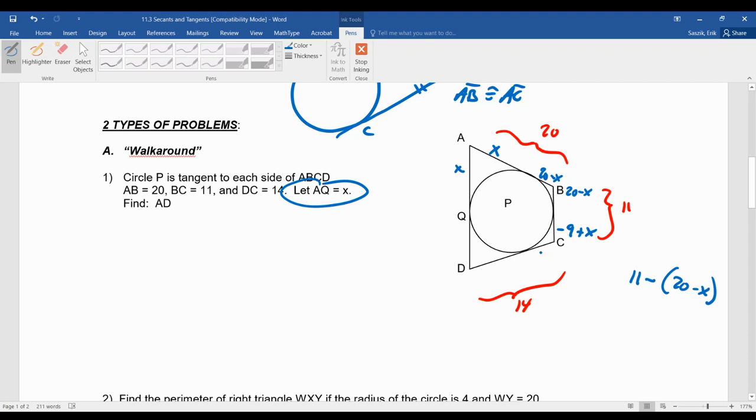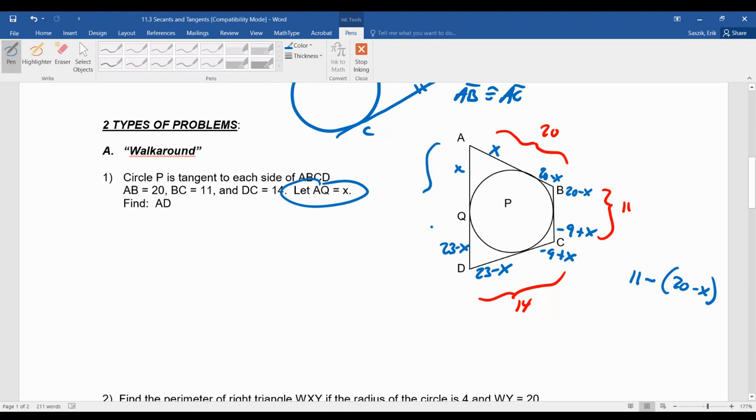That's that little piece. This little piece is the same thing. Now this, of course, would be 14 minus that. 14 minus that, you'd get 23 minus x. You'd get 20, and you see we have walked around the whole thing.